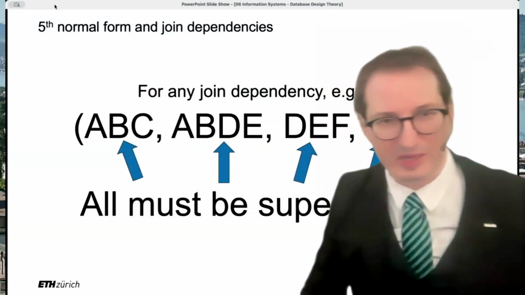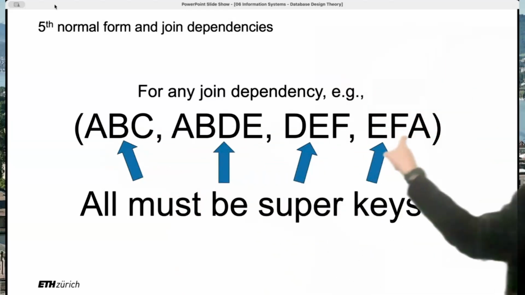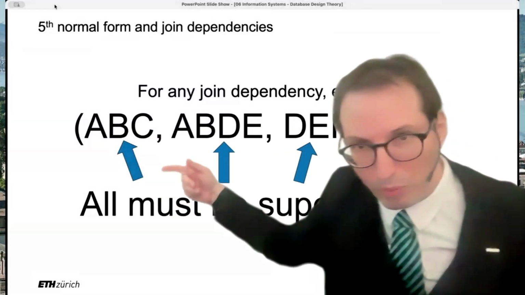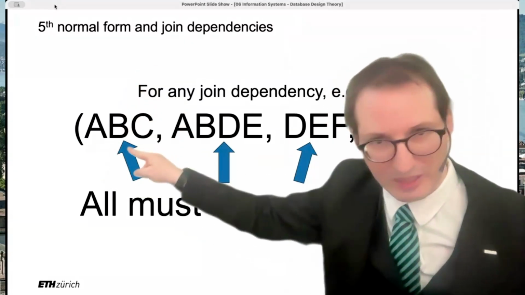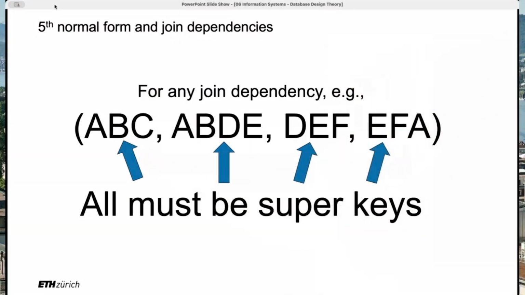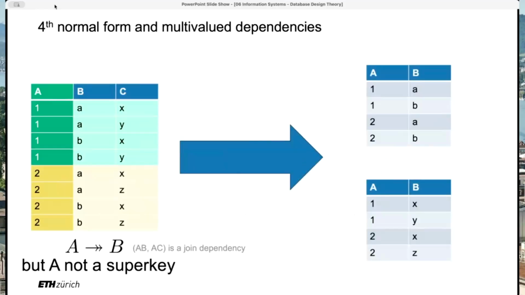What the fifth normal form says is all of your tables here must all be super keys. More precisely, the attributes of your projected tables must be super keys in the original one. Right. Again, not exam material, no need to remember, I'm just showing you. And so the fifth one is considered the ultimate normal form in terms of anomalies. But you get the idea.